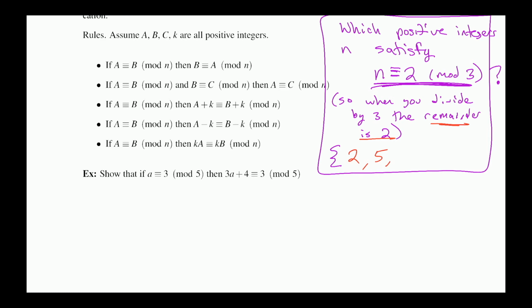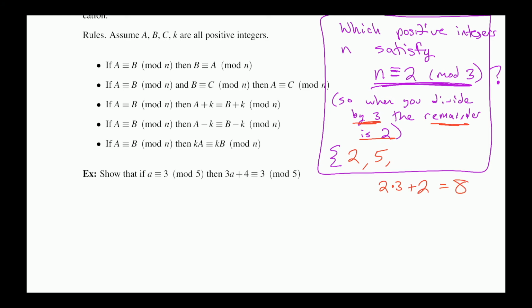All right, what's the next one? Well, we're counting up by 3s basically, right? Because we're talking about dividing by 3. For example, 2 times 3 is 6, and plus 2 would be 8.